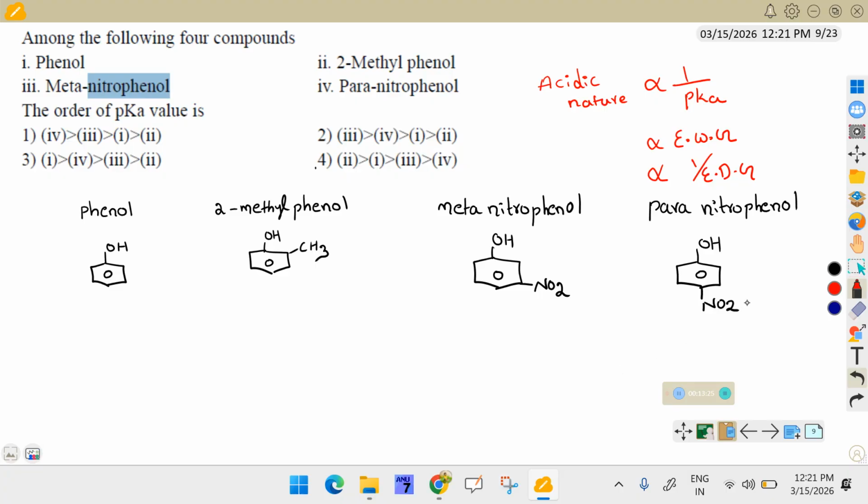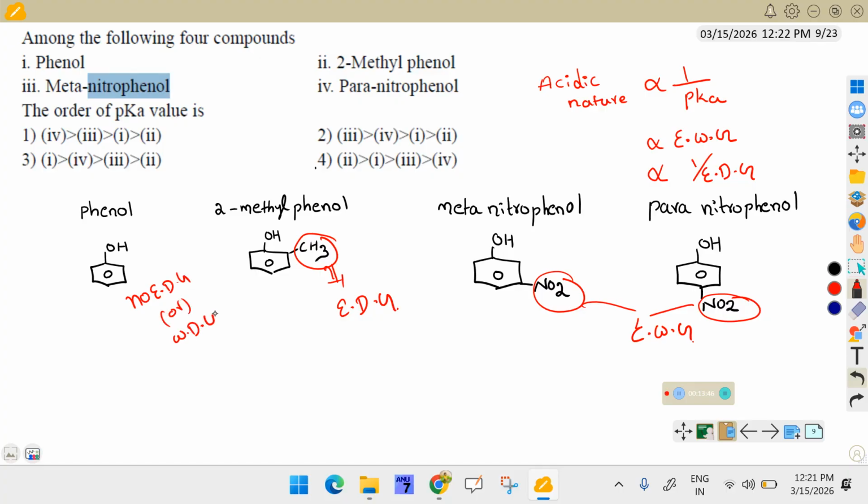First of all, identify the NO2 group. NO2 groups are electron withdrawing groups. The CH3 group is an electron donating group. In the case of phenol, there is no electron donating or withdrawing group.